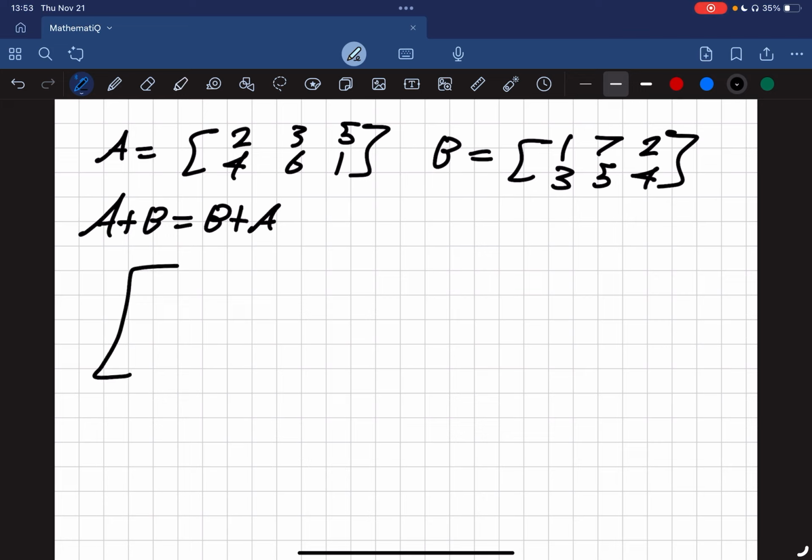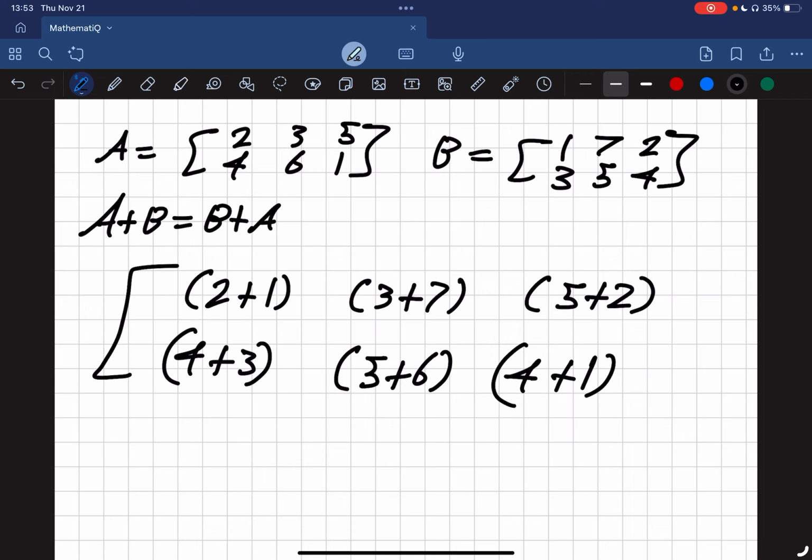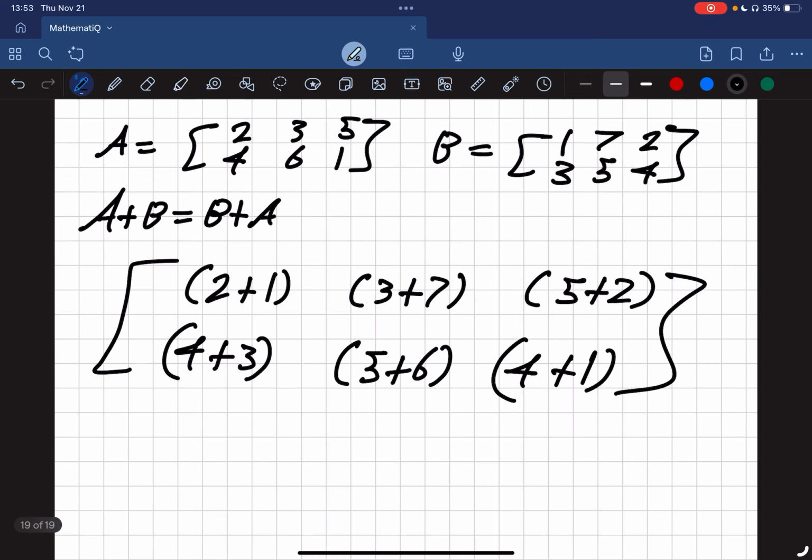So we're going to end up with 2 plus 1, 3 plus 7, 5 plus 2, 4 plus 3, 5 plus 6, 4 plus 1. Okay, so as you can see, this is just 2 plus 1.